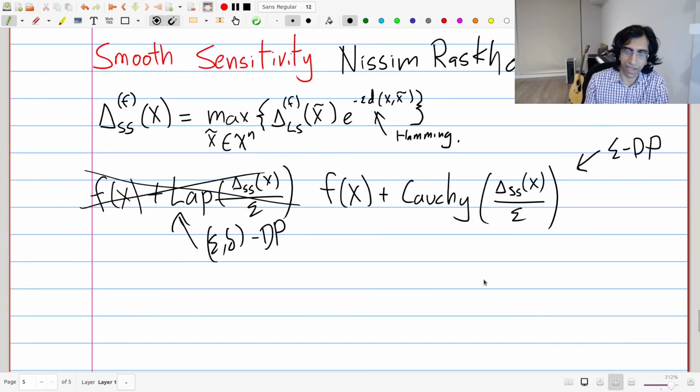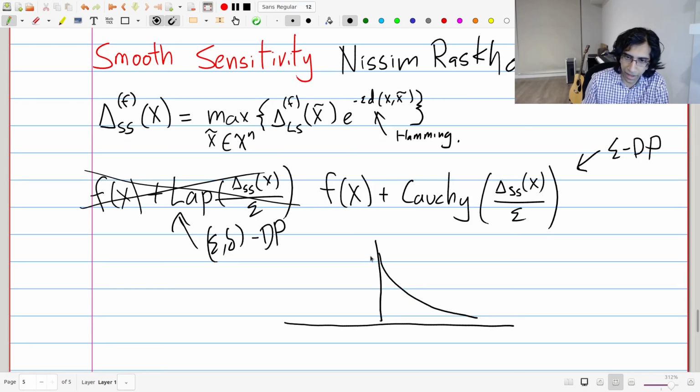Let me just draw you a very poor sketch right here. If you look at a Laplace random variable, it looks something like this. It's sort of exponentially decaying. That's a Laplace. If you look at, say, a Gaussian random variable, it actually decays even faster.